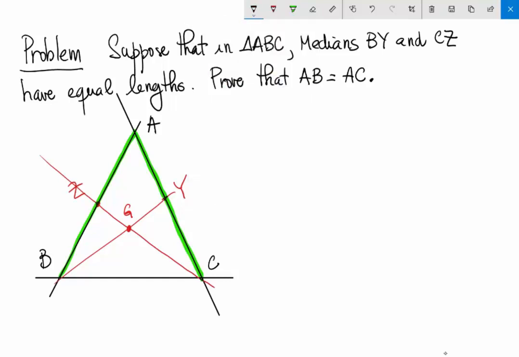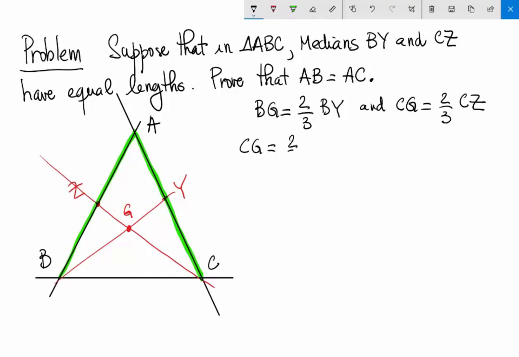First, notice that BG is 2/3 of BY, and CG is 2/3 of CZ. Okay, but CZ is equal to BY, so CG is going to be 2/3 of BY, which then tells us that CG must be equal to BG.